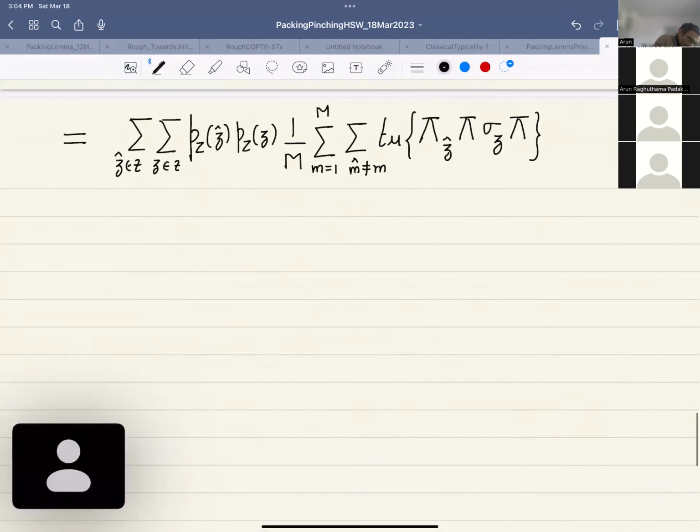Okay, I'll continue. So I'm just going to pool all the summations together. 1 by M, Z hat. I'll push the Z summation in, using linearity. PZ of Z hat, I keep as is.